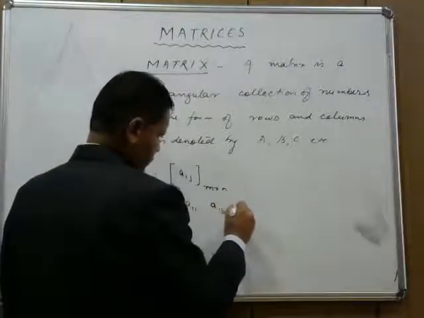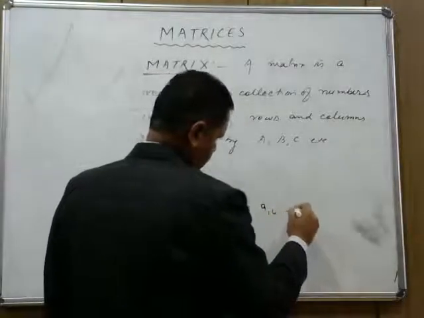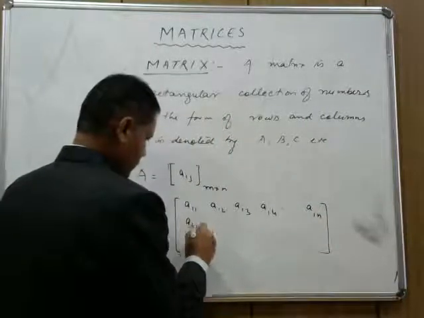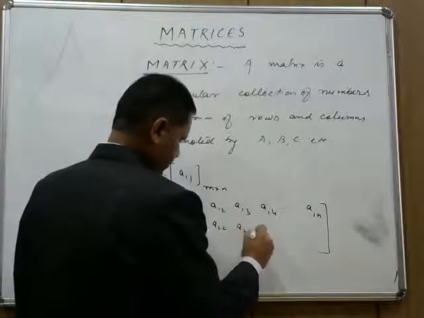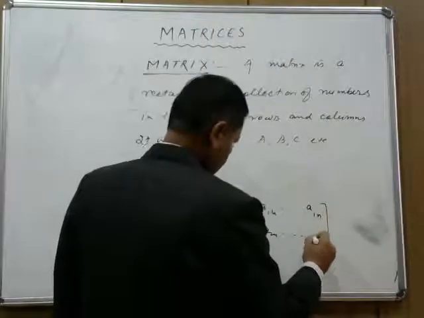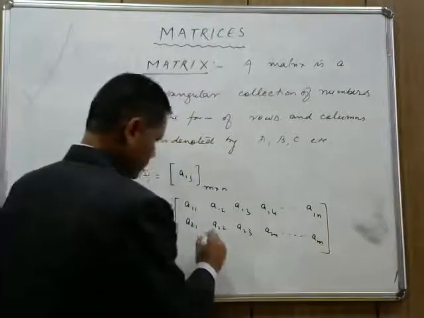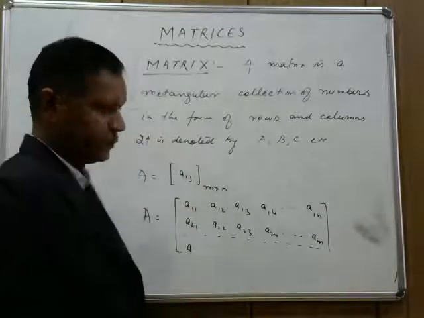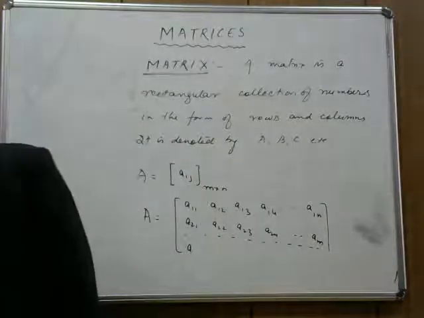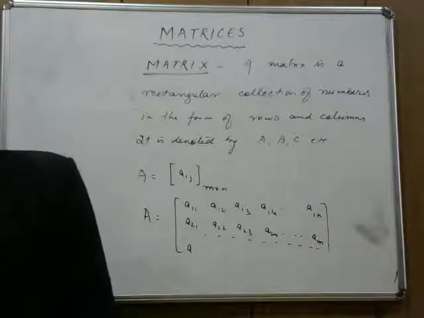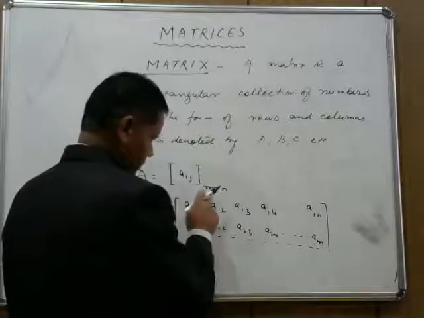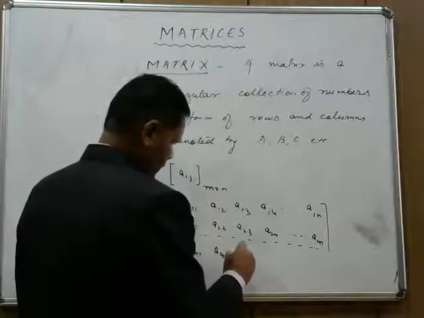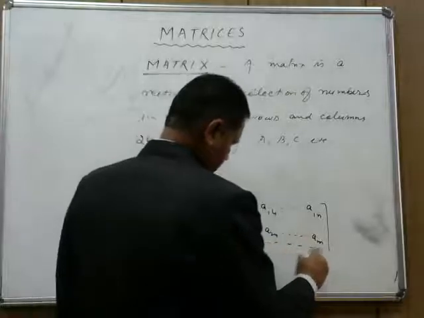Now in general we write A is equal to a11, a12, a13, a14, dot dot dot, a1n, a21, a22, a23, a24, dot dot dot, a2n, dot dot dot. Last is a_m1, a_m2, a_m3, dot dot dot, a_mn, since the number of rows is m.